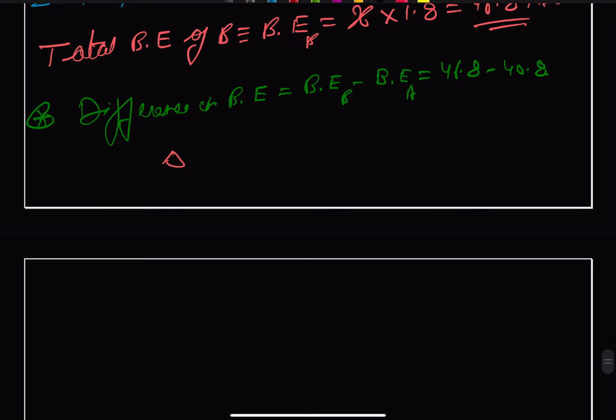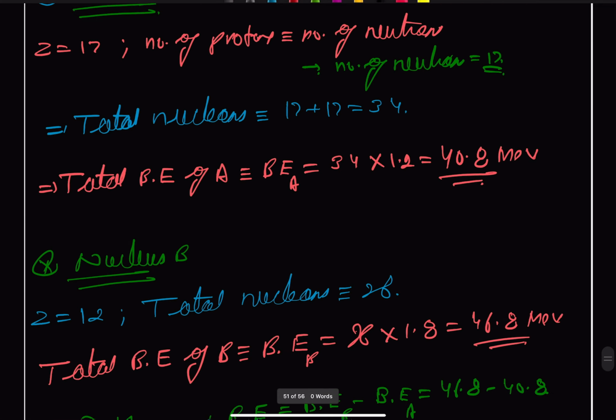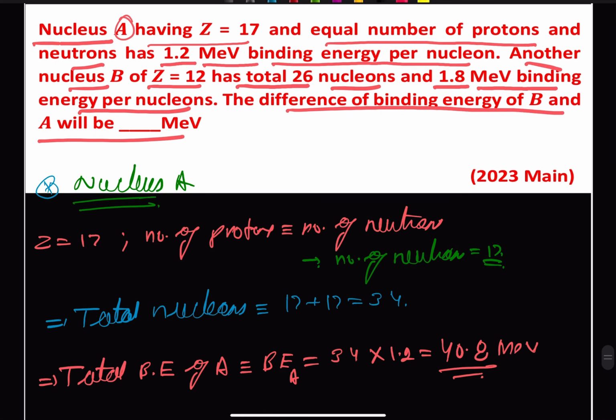Therefore, difference in binding energy delta BE will be equal to 6 mega electron volt. That was asked for, that is 6 mega electron volt.